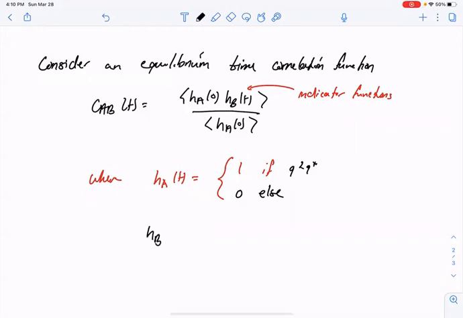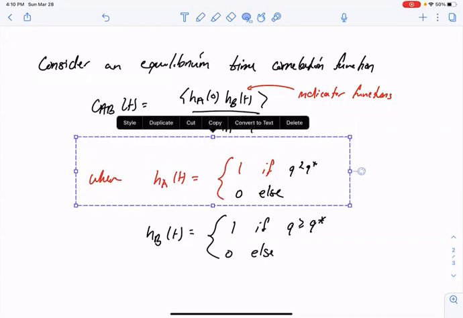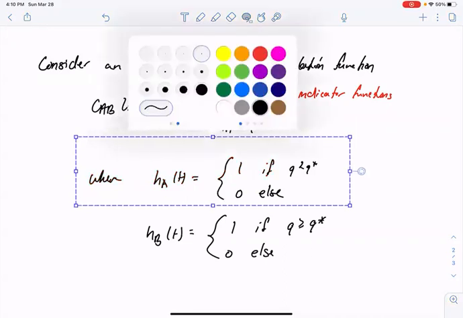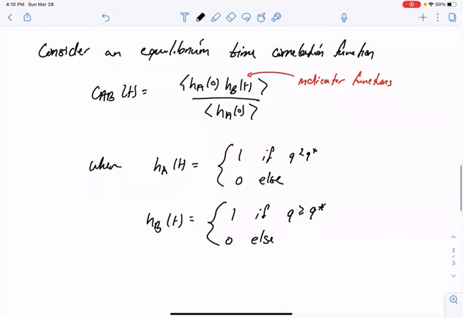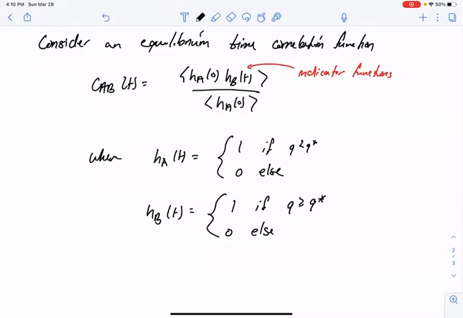Its complement, h_B, will be 1 if q is greater than q star and 0 else. And now note, in our one-dimensional example, h_A plus h_B is equal to 1. They cover the full space.